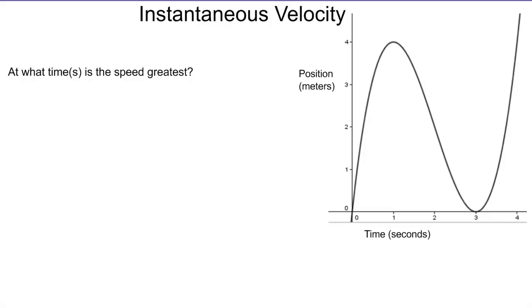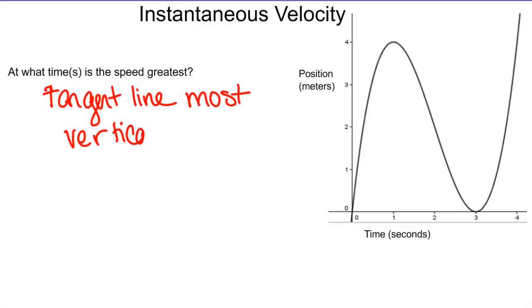All right, so what this question is asking is, where is the tangent line most vertical? So where does it look most like a line going up and down? All right, so if we were to draw some of these tangent lines, what do you think?